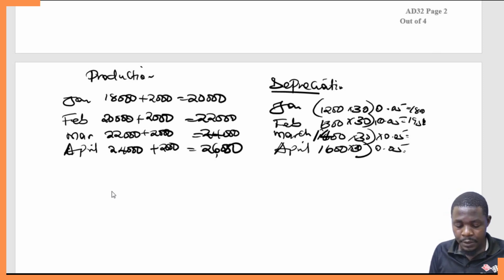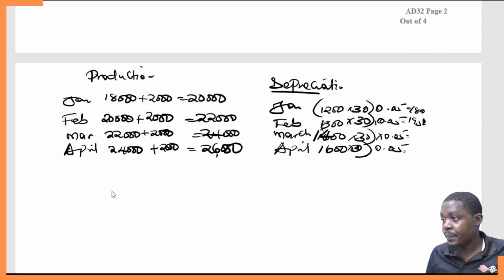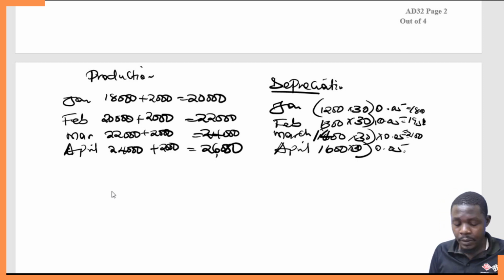Then we had 1,400 multiplied by 30, that's 0.05, at 21 is 2,100. Then we had 1,600 multiplied by 30, multiplied by 0.05, 24.